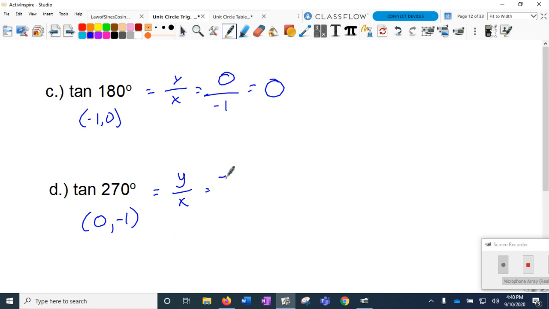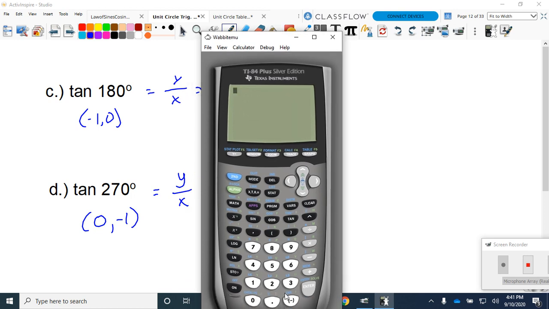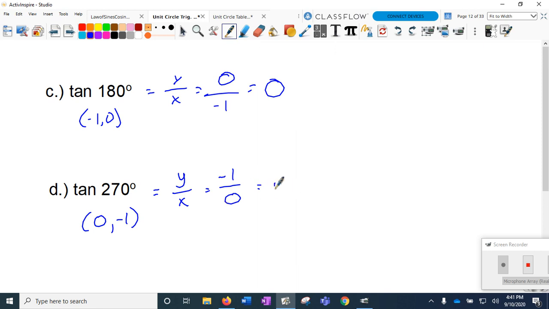Now I have negative 1 over 0. Are we allowed to divide by 0? Can anything get divided by 0? No, try it. If I take negative 1 divided by 0, you're not allowed to divide by 0. So if 0 is in the denominator, we're going to write undefined.